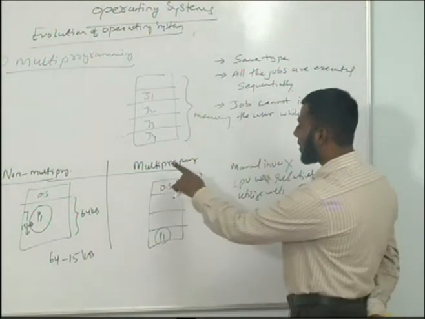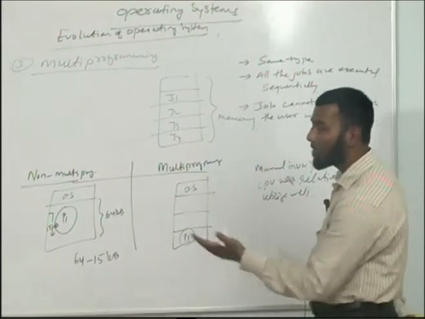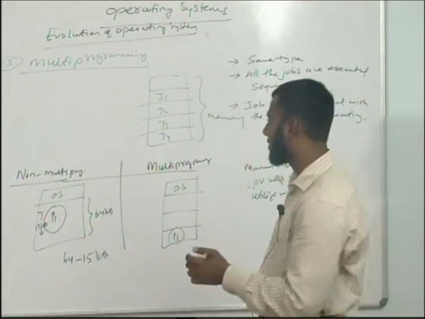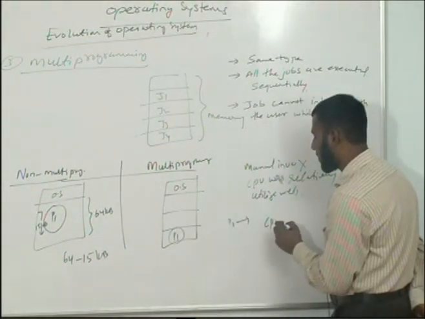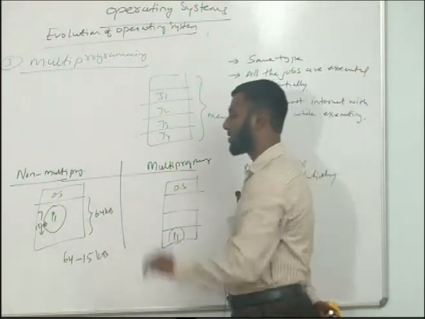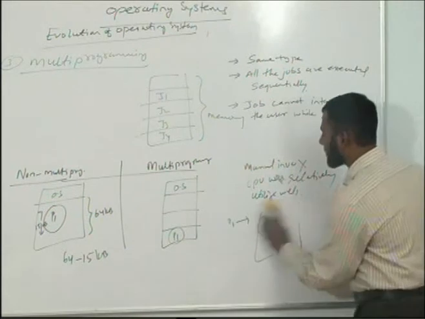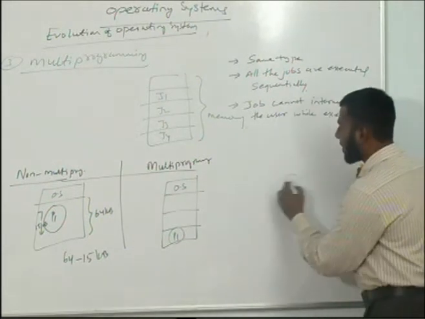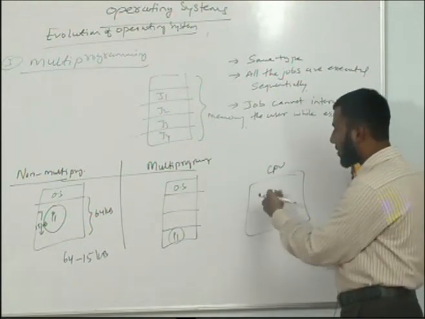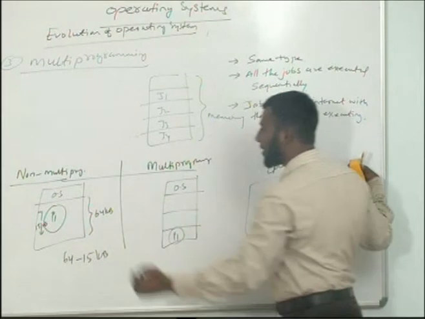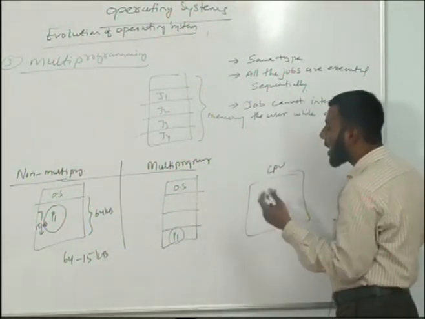Now, what is the main difference between systems which are non-multi-programming and systems which are multi-programming? Assume that process P1 has been given to the CPU. I am talking about a non-multi-programming system. When the process is executing on this CPU, process P1 is executing. Now assume that there is one instruction executed by P1 for an IO operation.